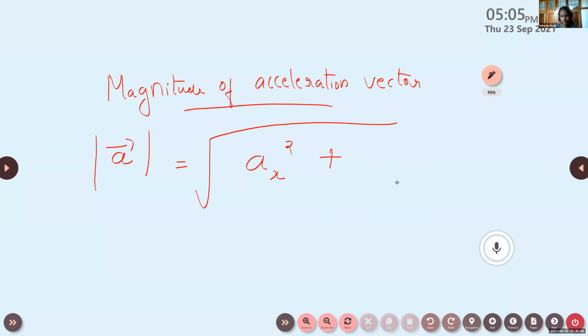This is the equation for calculating the magnitude of vector A: root of Ax square plus Ay square.